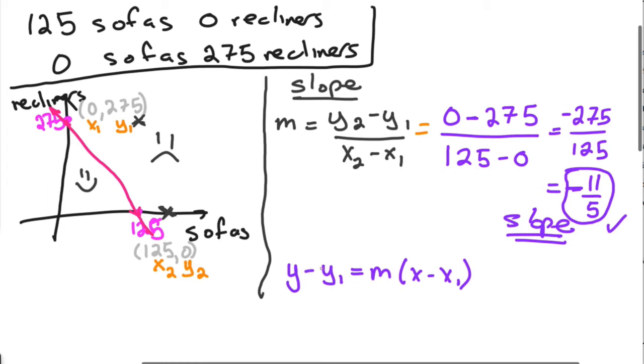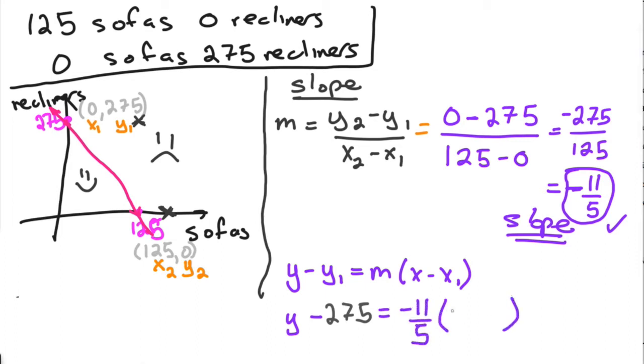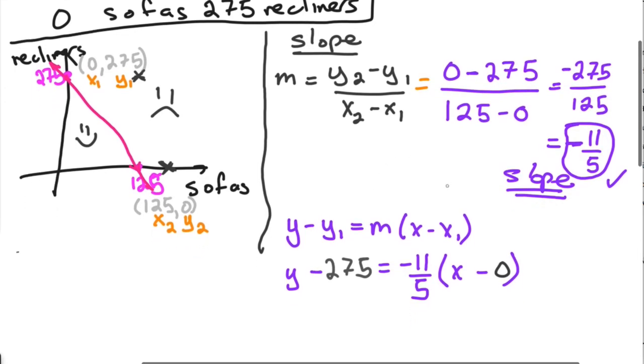I am going to use this one, 0 and 275. If I plug that in, I end up with y minus 275 equals the slope, negative 11 over 5, times x minus 0.